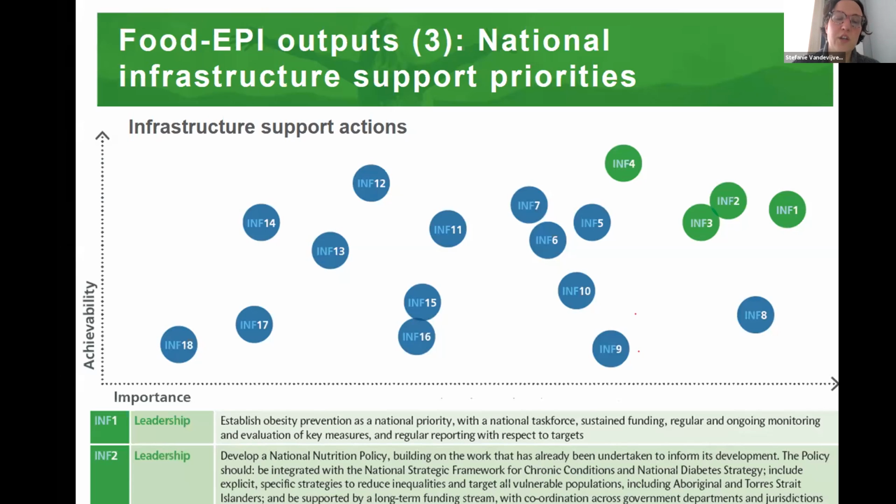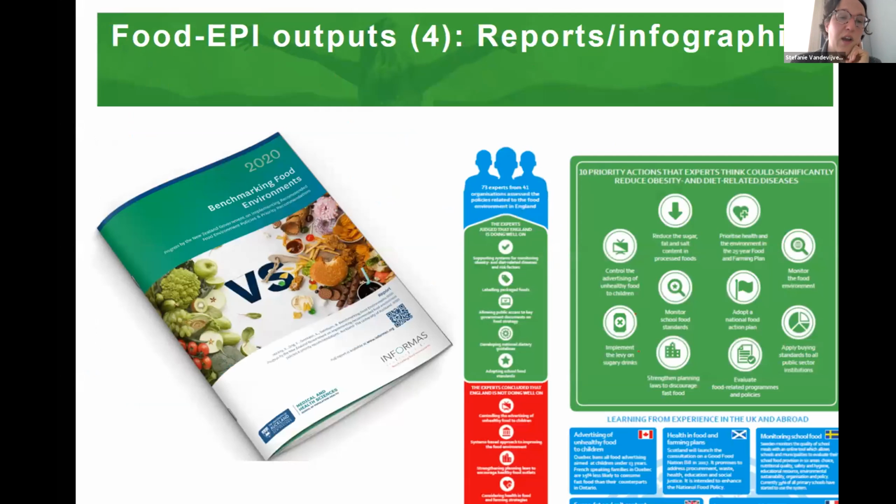Of course, some of these infrastructure support actions, if they are about organizing a nutrition survey or having a new nutrition and health plan, can be more overarching and can capture the specific priority policy actions under that. So several countries are putting it together into a policy package once they have their key priorities.